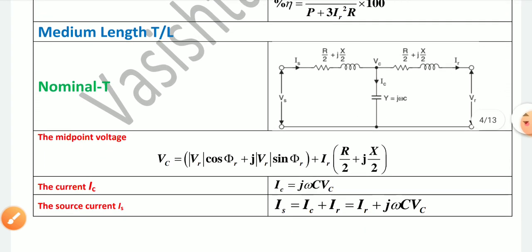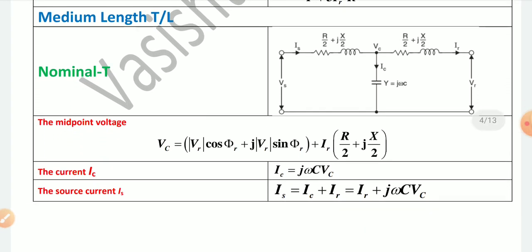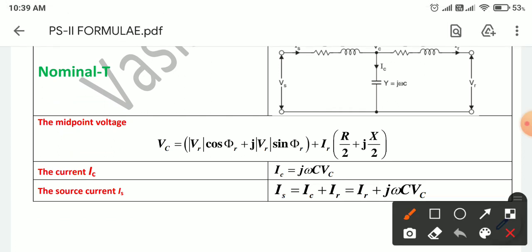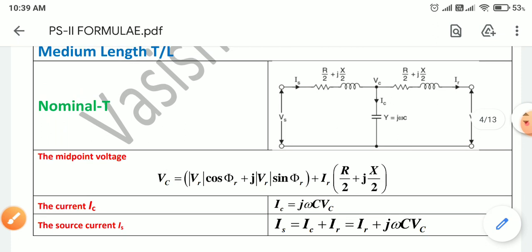Next, coming to the medium transmission line. In a medium transmission line we have 2 cases, nominal T and nominal pi. We have 2 cases because of the line capacitance, which may be lumped or distributed.